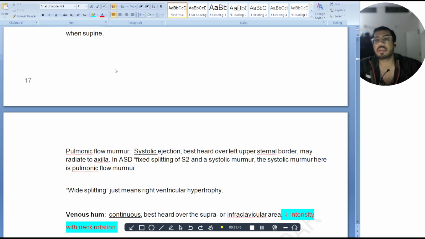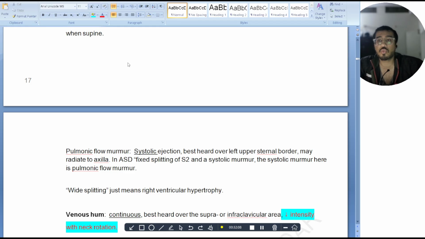In summary, we have three innocent murmurs: the pulmonic flow murmur, the Still's murmur, and the venous hum. The first two increase with increase in blood in the chamber, and the third one, the venous hum, decreases when there's an increase in blood. So you can tell the difference using maneuvers, depending on whether the murmur gets louder or softer.